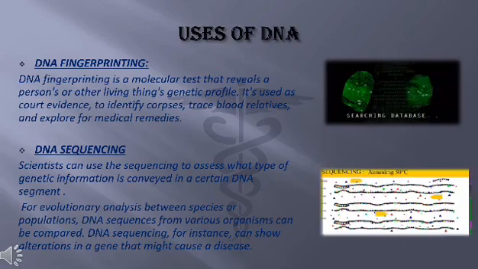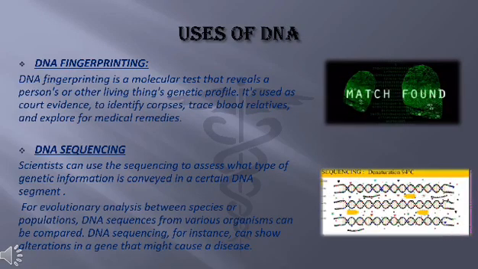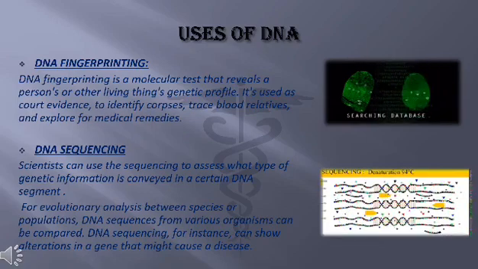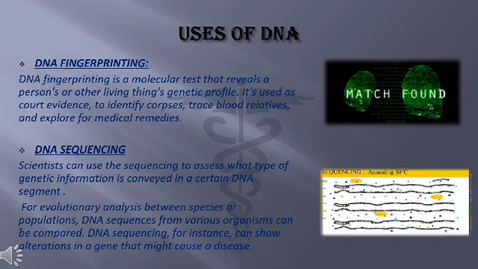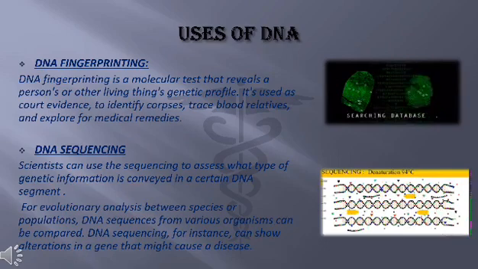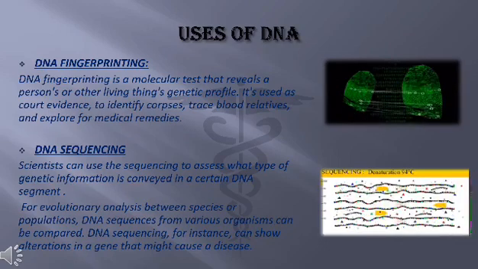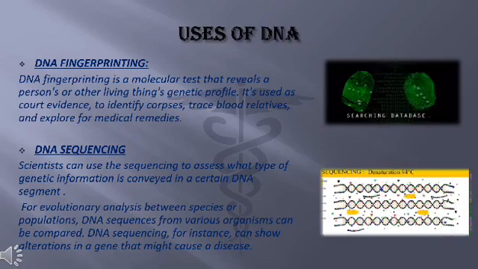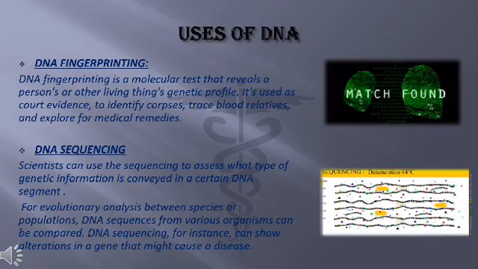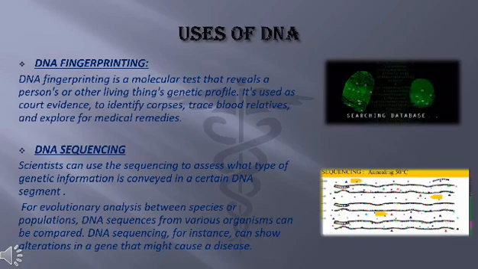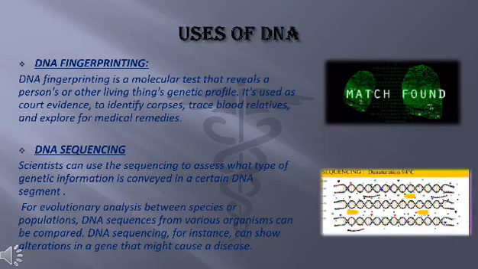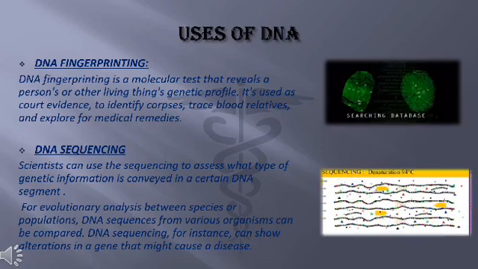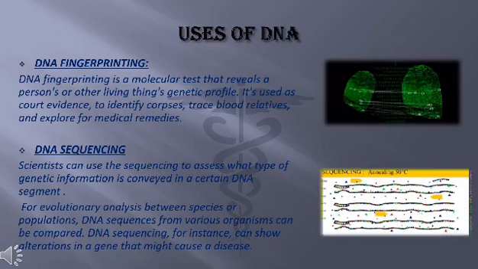First of all, DNA is used in DNA fingerprinting. DNA fingerprinting is a molecular test that reveals a person's or other living thing's genetic profile. It is used as court evidence to identify corpses, trace blood relatives, and explore medical remedies. The second use of DNA in our modern society is DNA sequencing.